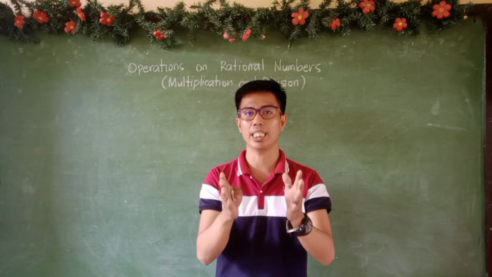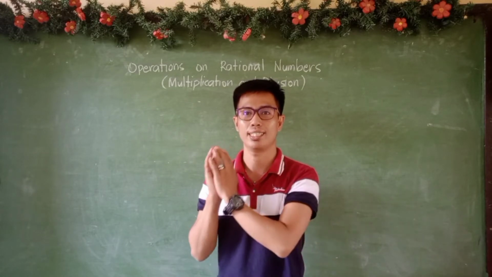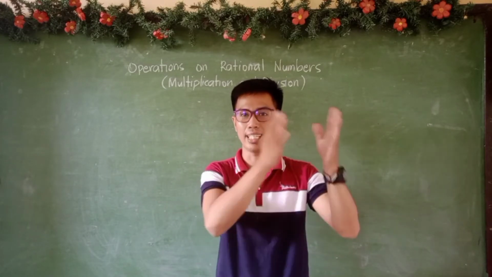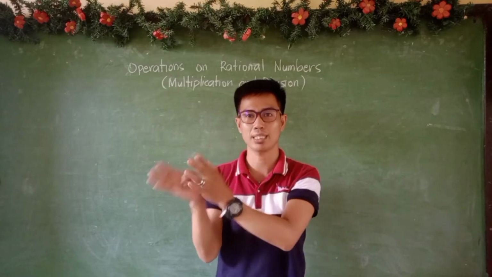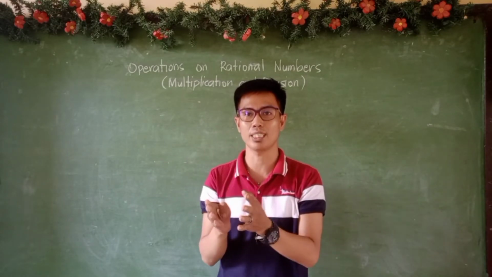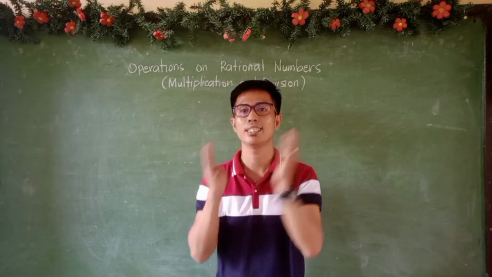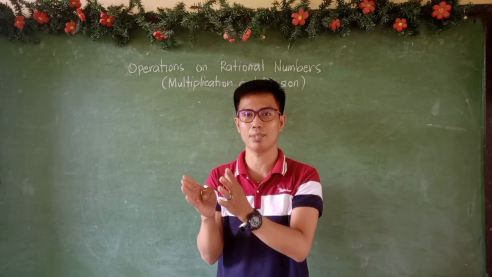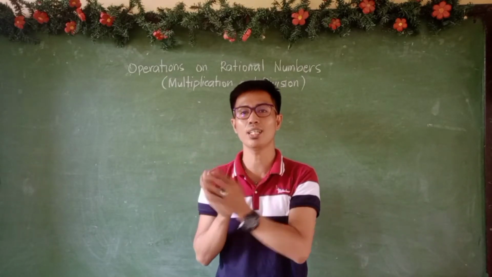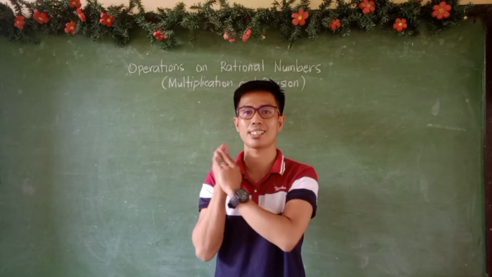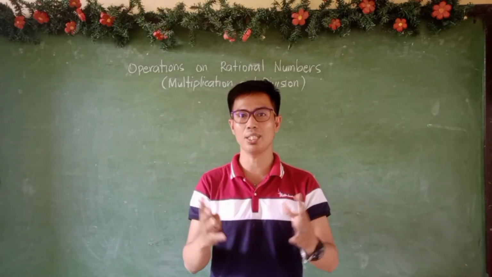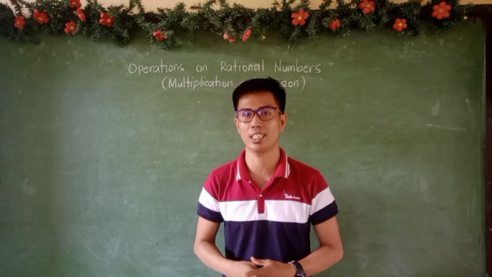Pag naman magkaiba ng sign, ang sagot is negative. So, that means negative times negative, positive. Positive times positive, positive. And then, negative times positive is negative, or positive times negative is negative. So that is the rule in multiplying and dividing integers.